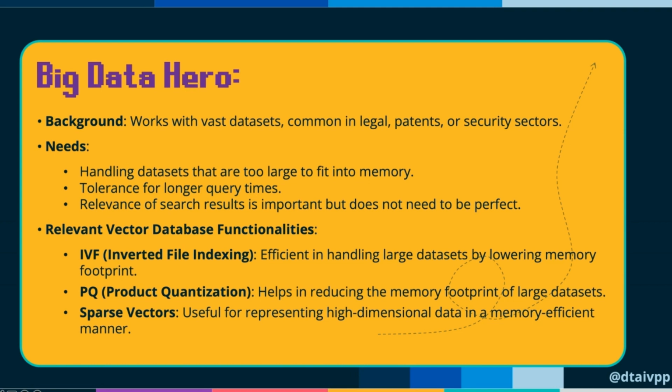So it basically compresses your vectors down so that they can be smaller and fit better into memory. One challenge with product quantization is you lose precision. So the results you might get back might be a little bit less relevant. However, it's going to be okay because you have so much data that you cannot afford to have exact relevance. Or you will be spending lots of money to have exact relevance.